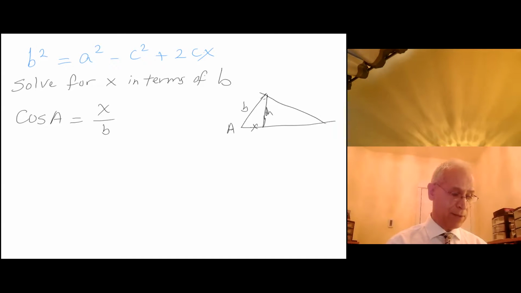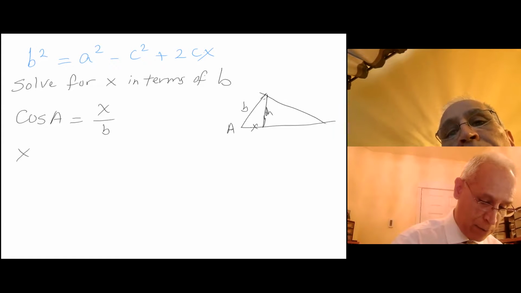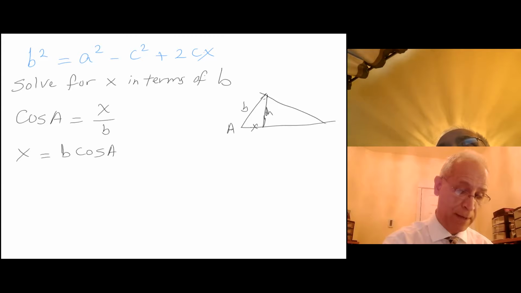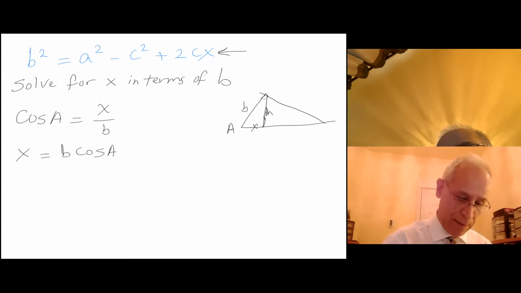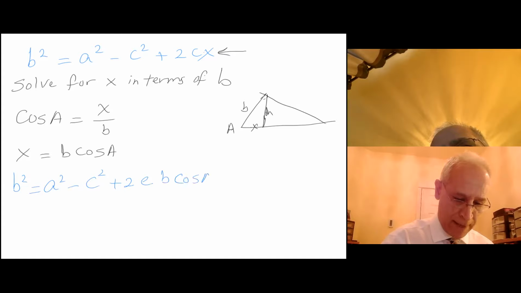Multiplying both sides of this equation by b, I get x equals b cosine of A. Now I can substitute b cosine of A for this x up here. So this now turns into b squared equals a squared minus c squared plus 2 times c times b cosine of A.